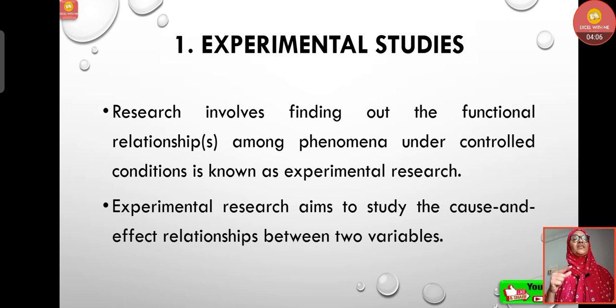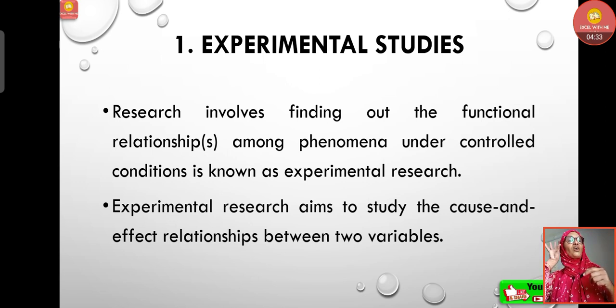First one, experimental studies. Research that involves finding out the functional relationships among phenomena under controlled conditions is known as experimental research. The word experiment itself tells you the meaning: things are in control. We cannot deviate from those things. Experimental research aims to study the cause and effect relationships between two variables.